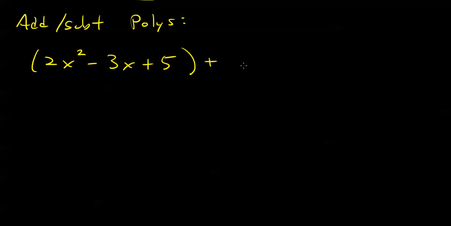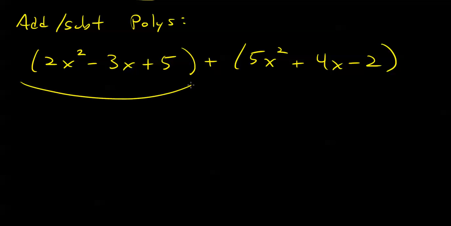It basically just involves combining like terms. Let's say I've got two trinomials. I've got a trinomial of degree 2, and to that I'm adding another trinomial of degree 2. Alright, how do I add?